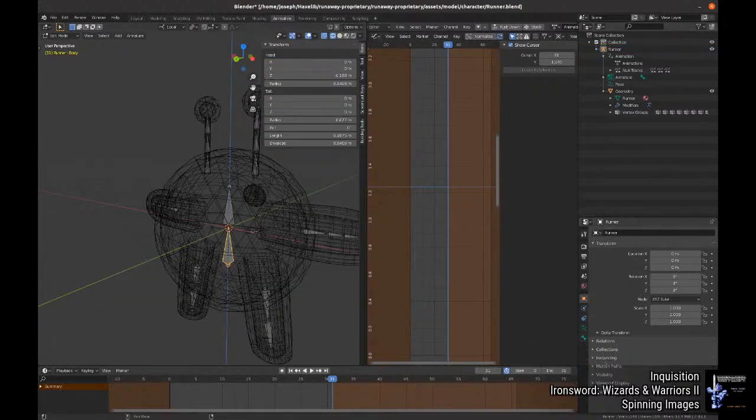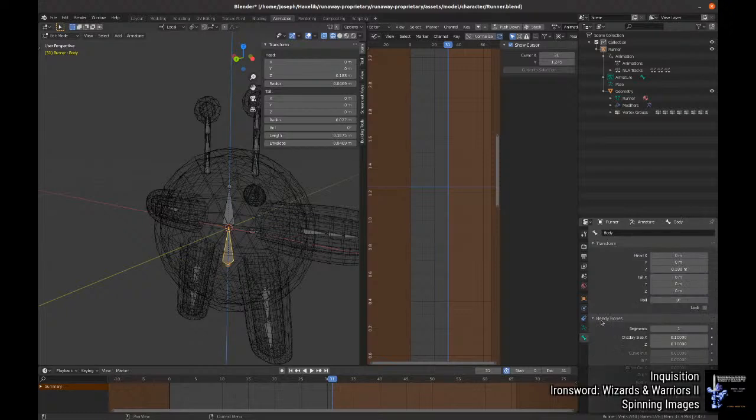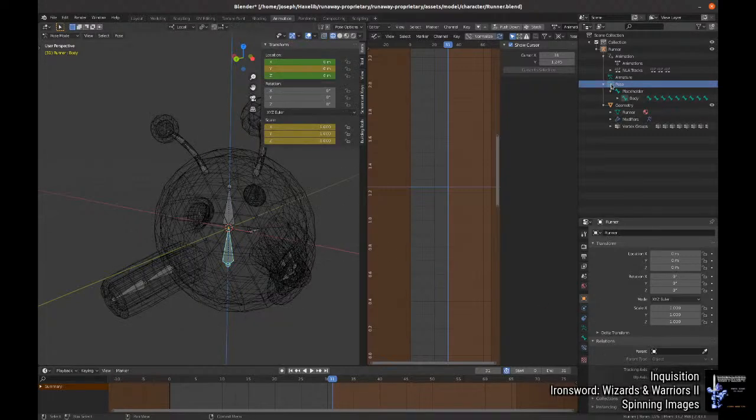Was it in here? Looking for information about that bone. Ah, that was it. Oh, and it's still editable here.